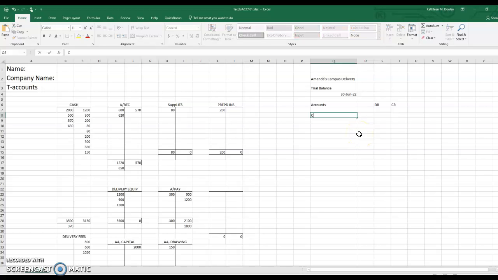So we're going to list out all the accounts in the same order that they're in the chart of accounts.